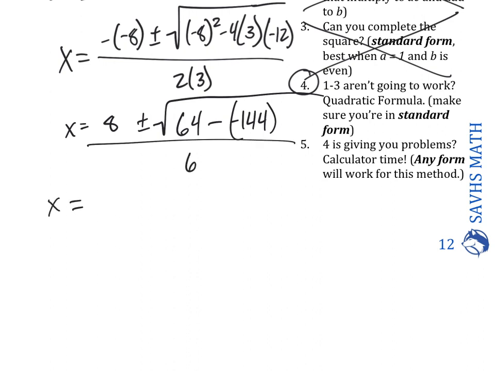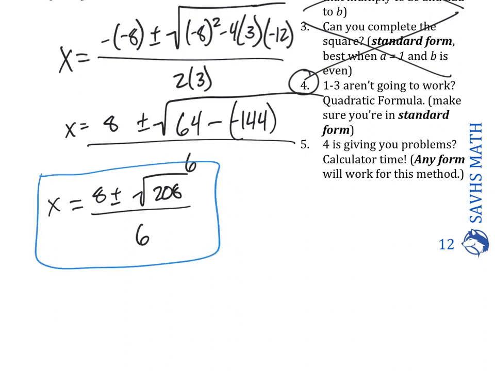Rewrite x equals 8 plus or minus the square root of 64 minus negative 144 is 208, all over 6. Okay, I am perfectly happy if you just circle this entire answer. Okay, you can certainly write it, you can certainly split it up, or you can certainly give me a decimal.